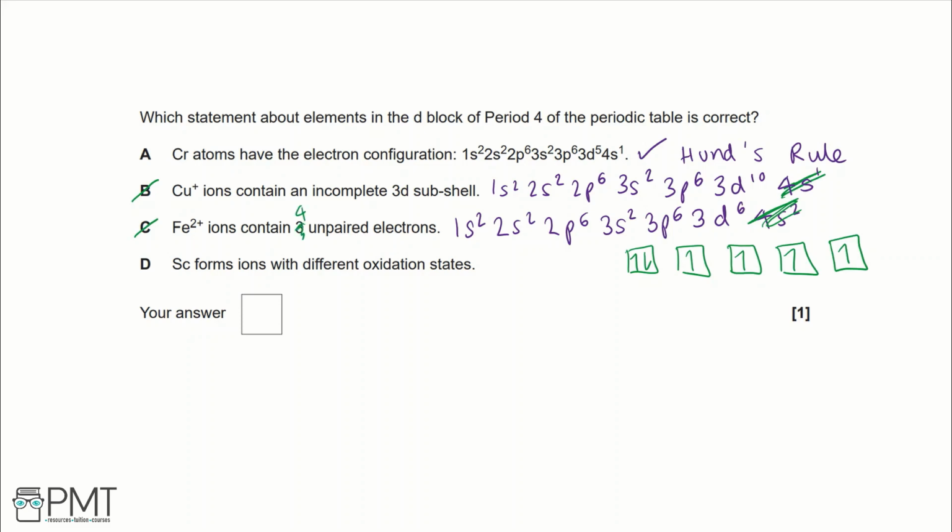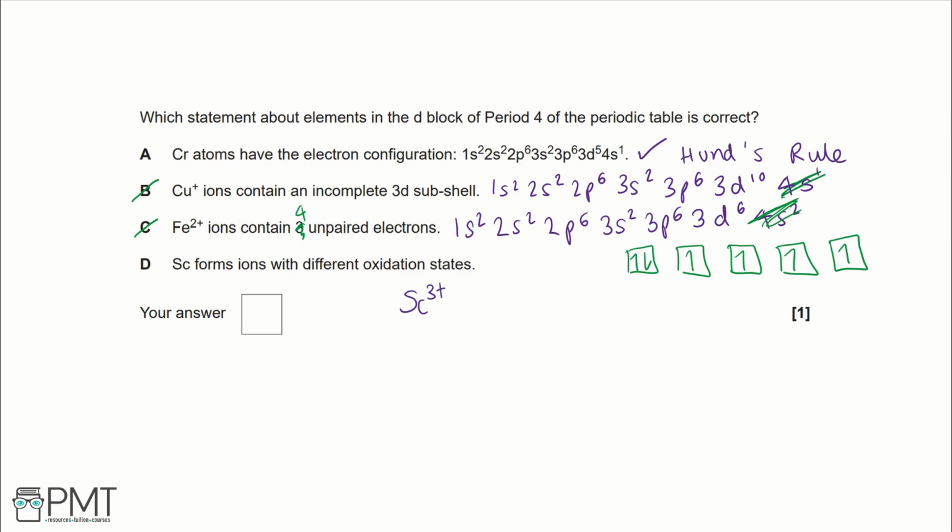And finally, looking at D, scandium doesn't have different ions of oxidation states because this is a trait of a transition metal and scandium doesn't count as a transition metal. This is because it doesn't lose electrons to form an ion with an incomplete D subshell. Instead, the most stable ion for scandium is scandium 3+, which doesn't have an incomplete D subshell.